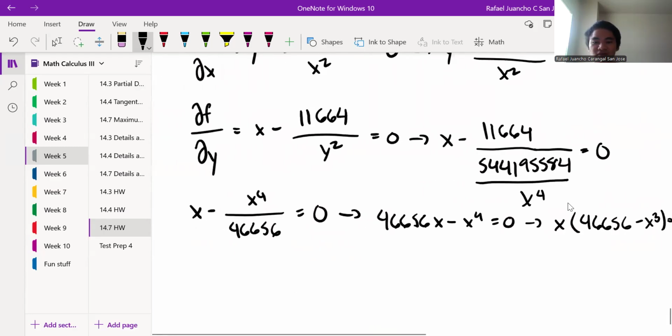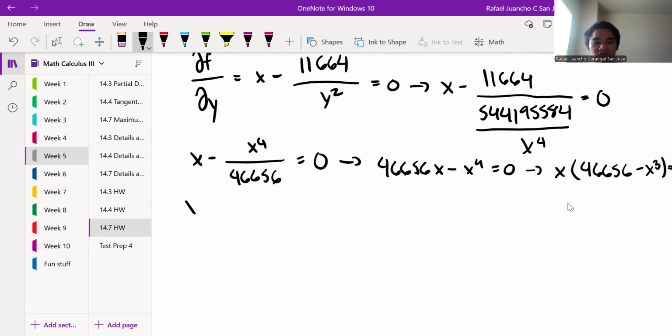And then after that, x is 0, or x is something else: 46656 minus x cubed is equal to 0. So my x is just 46656 to the power of 1 over 3. I get 36. So I get these two things.